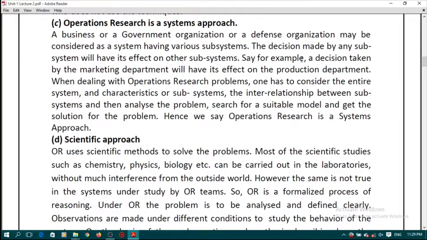Say for example, a decision taken by the marketing department will have its effect on the production department. When dealing with an operation research problem, one has to consider the entire system and its characteristics or subsystems, the interrelationship between the subsystems, and then analyze the problem, search for a suitable model, and get the solution for the problem. Hence, we say operation research is a system approach.